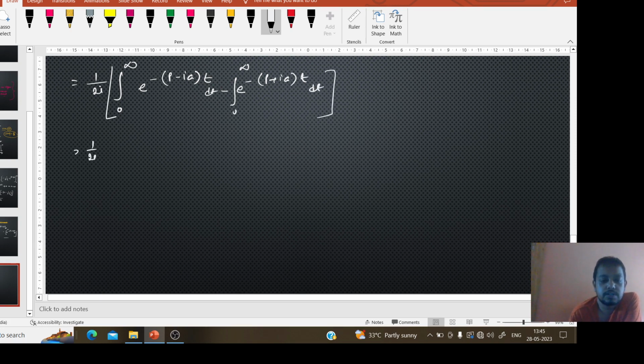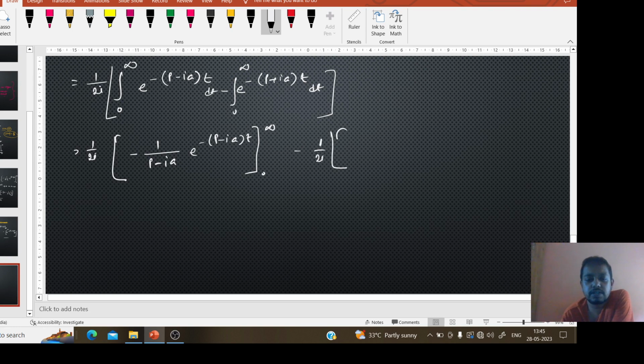So now if we integrate, what do we get? Minus 1 by (p minus ia) into e to the power minus (p minus ia)t, and minus 1 by 2i.